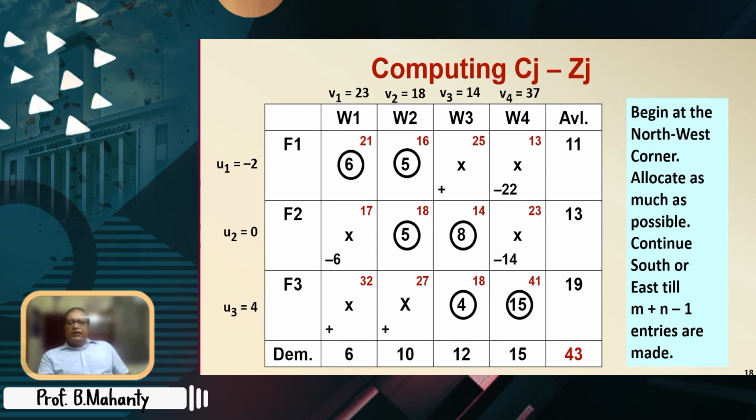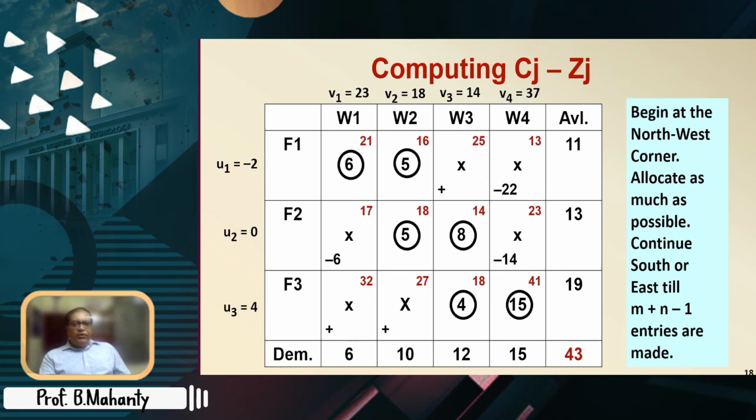So that means 0 plus 18 is 18. Now similarly here, this is 14, so U2 plus V3 is 0 plus 14. So that would give V3 equal to 14. So we found that U2 equal to 0, V2 equal to 18, and V3 equal to 14.